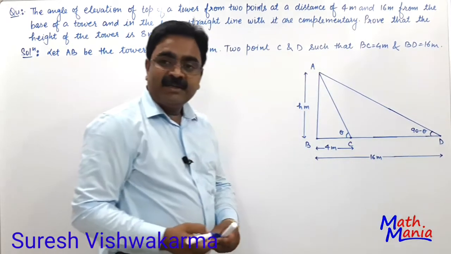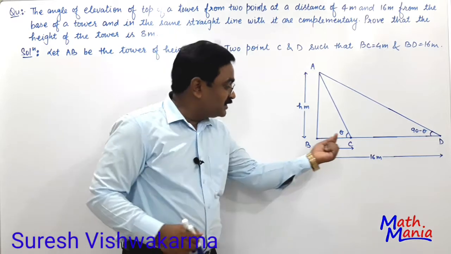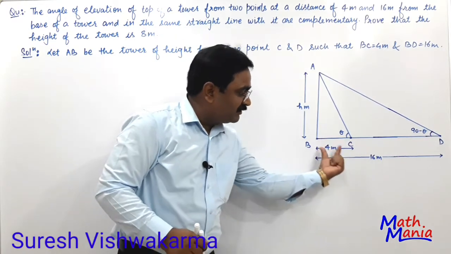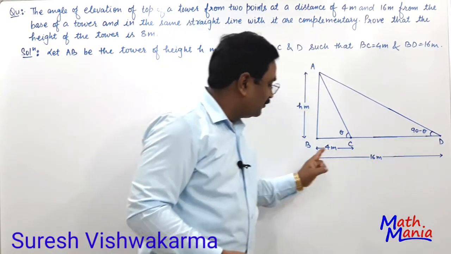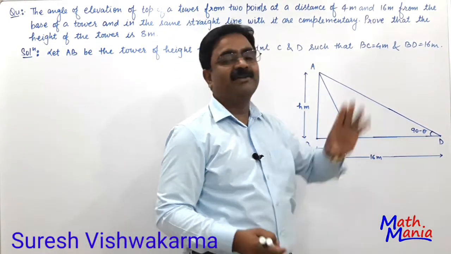Right friends, means the distance of this point C from the base of the tower is 4 meter and the distance of the second point D from the base of the tower is 16 meter.